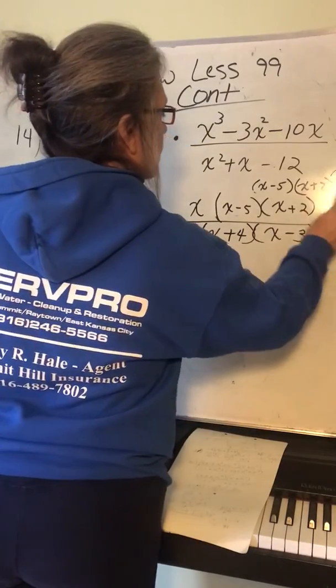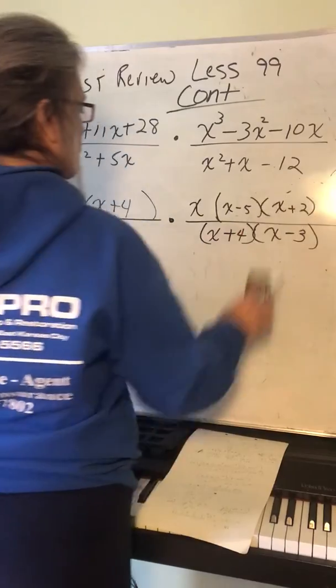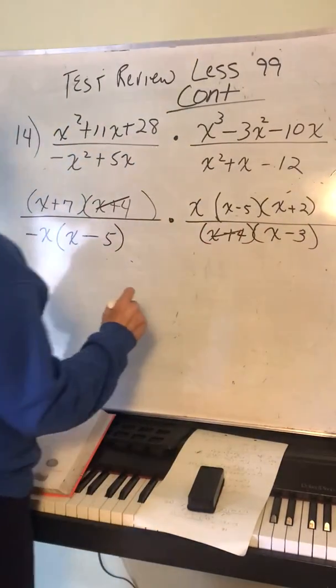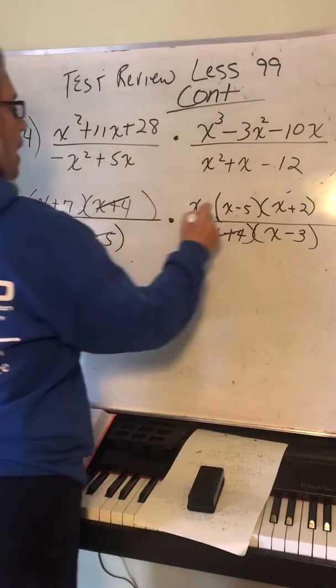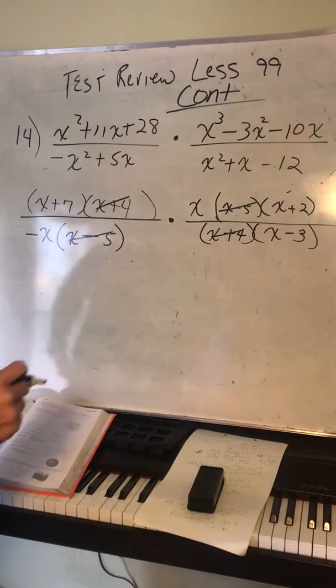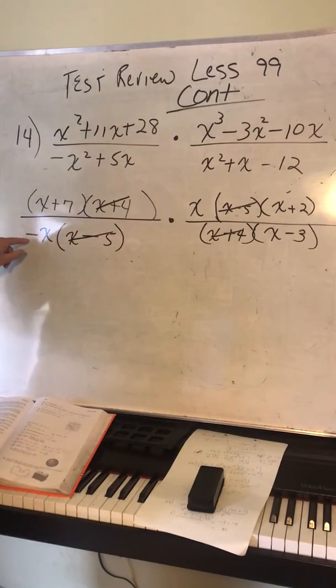Now we'll look and see what we can cancel out. And it looks like we can cancel out this x plus 4 and the x minus 5 we can cancel out. And this x, and this is a negative x. So we're going to have to just leave the negative, but we can factor out the x.